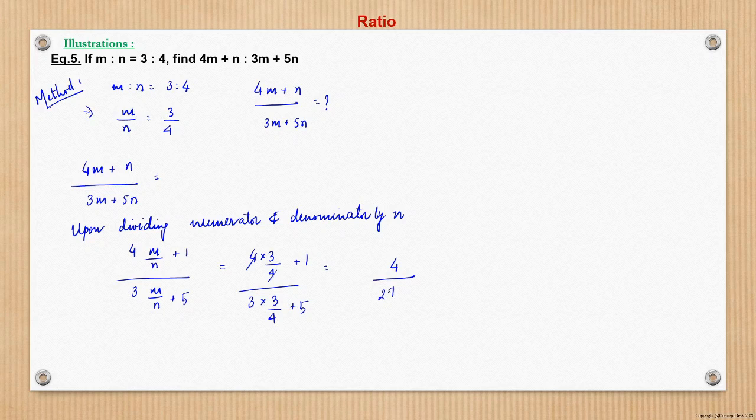So it is 29 by 4. So this we can write as 4 into 4 by 29, which is 16 by 29. So the ratio is 16 is to 29. This is the first way.